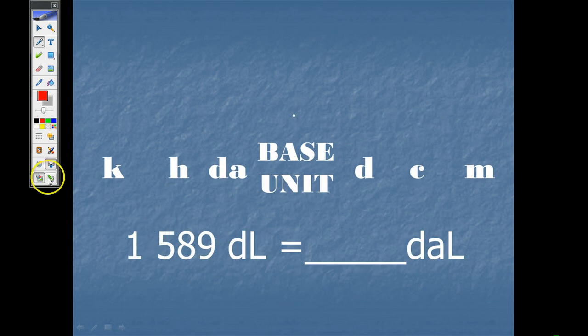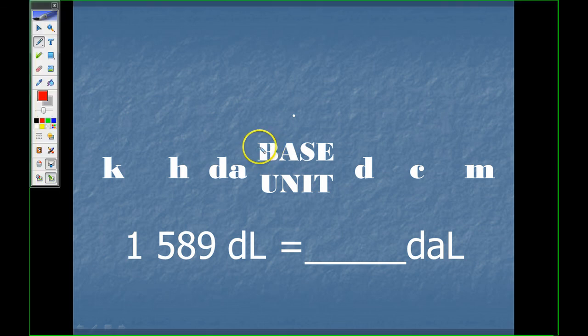And number 5, this is the last one, but should be enough for you to continue working and work on the homework, work on the bell work, or just wait to come to class tomorrow and we'll do all of it in class. What we're going to do here, once again, no comma, because to other societies that would look like a decimal point. Get rid of the L, get rid of the L. We are going from deci.